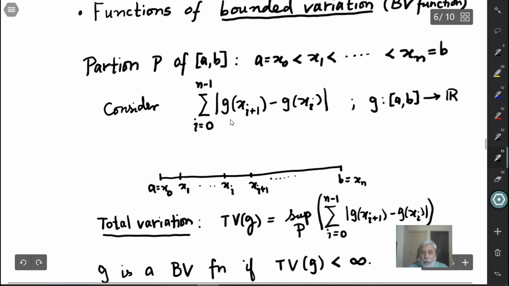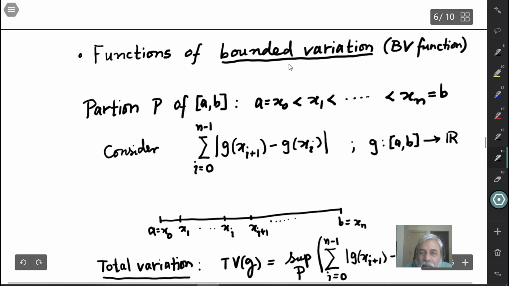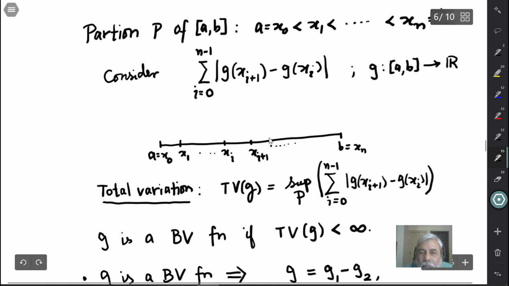So it measures how g oscillates in between the points. Sometimes in fact it's called bounded oscillation also.